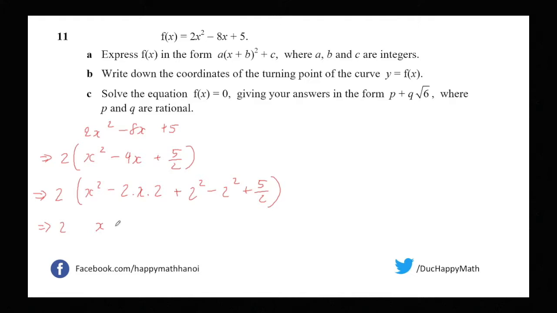The 3 terms will get the square here, and you have to minus 4 plus 5 over 2. So 2x minus 2 squared will be here, and the 5 over 2 means 2 times 1.5. 2 times 1.5 is 2.5, minus 4 and 2.5 is minus 1.5, times 3 is minus 3.